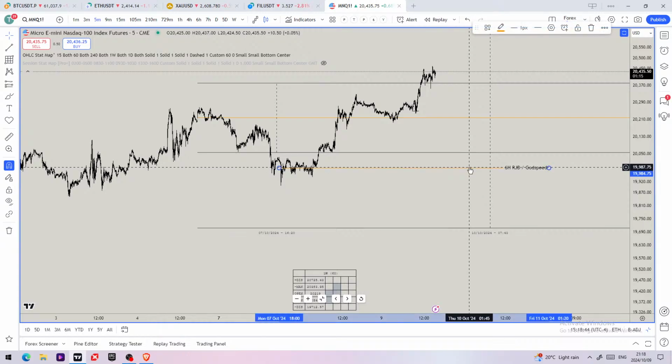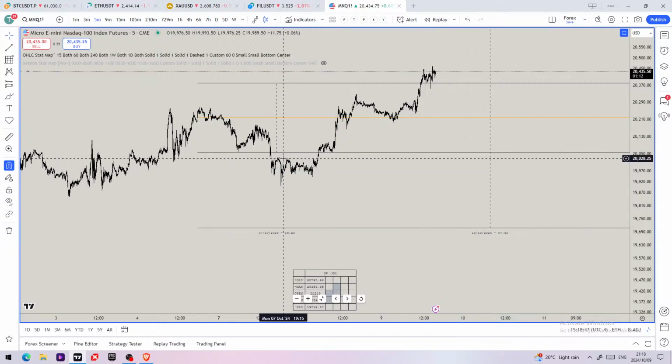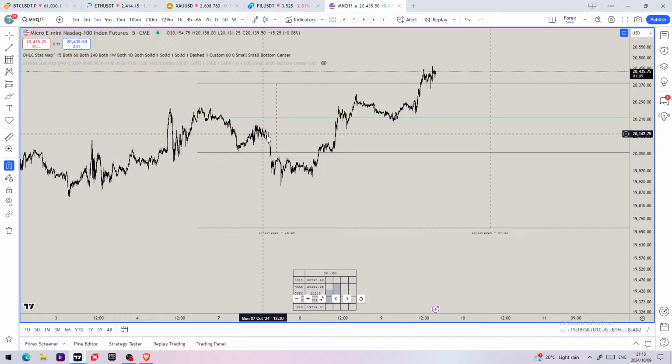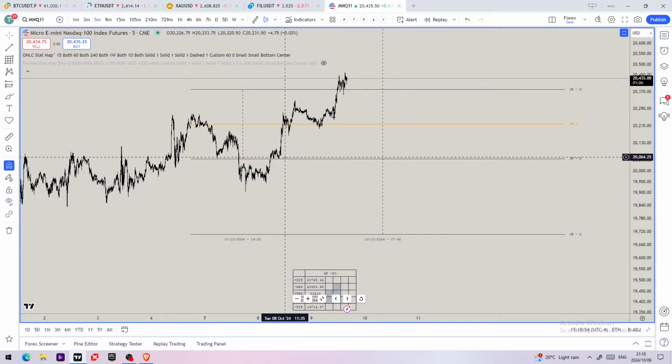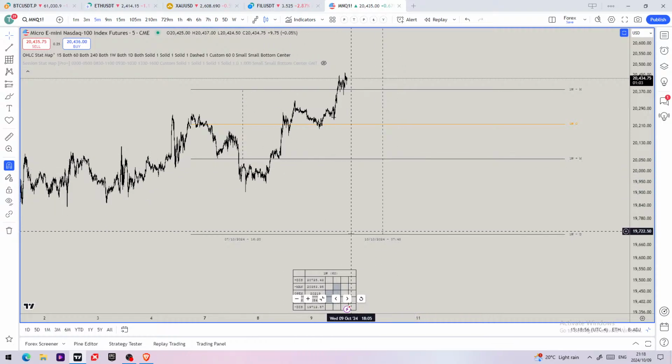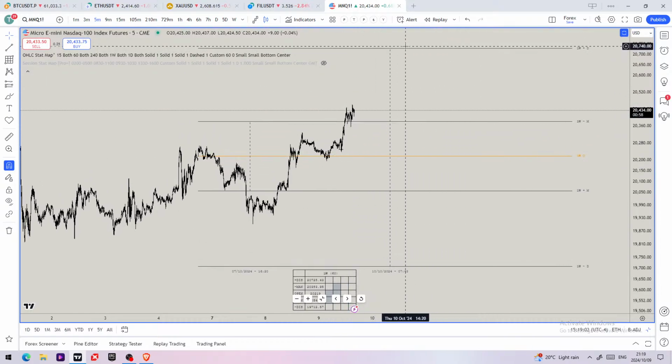Right? Let's get rid of this. It gives you the weekly open right here, the weekly manipulation level, the weekly distribution level below the open, the weekly manipulation above the open, the weekly distribution above the open.